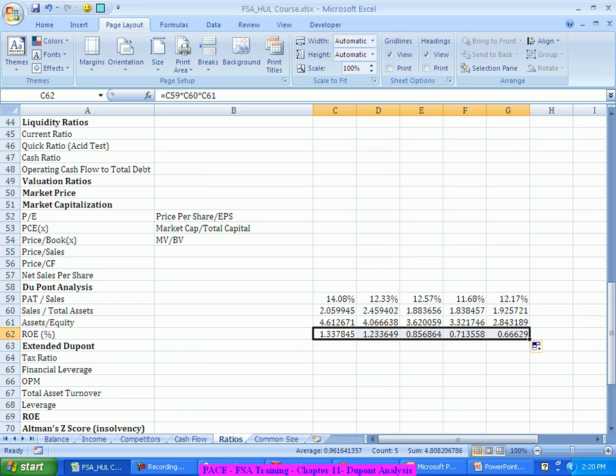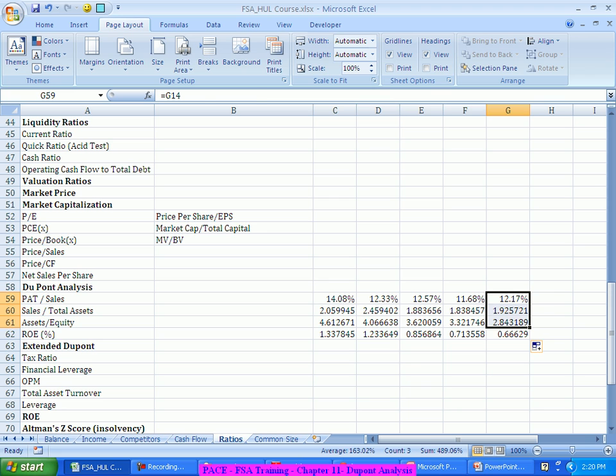Now I have to look at my competitors and the industry also. At least, am I better compared to my competitors? What are these three numbers for my competitors? In all these three, I should be better than my competitors to say that my ROE is better than my competitor's.